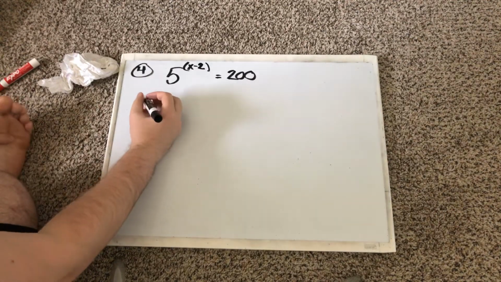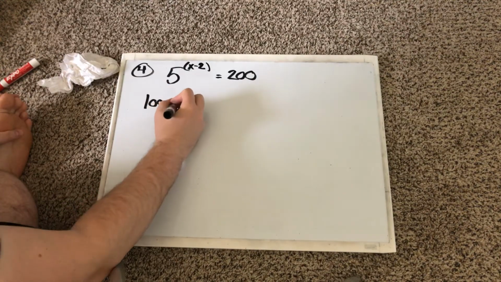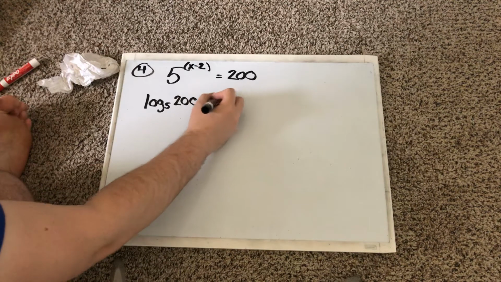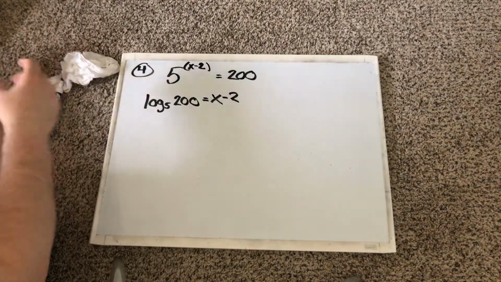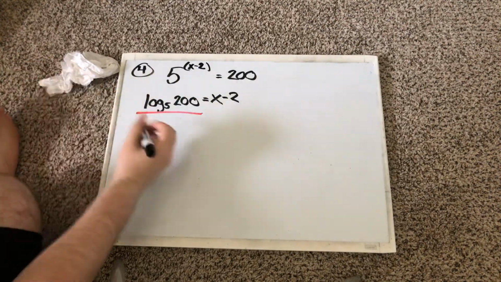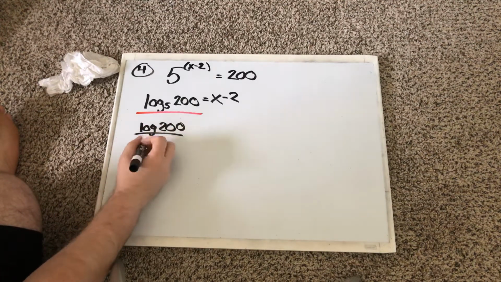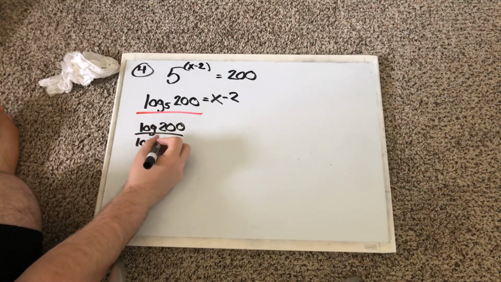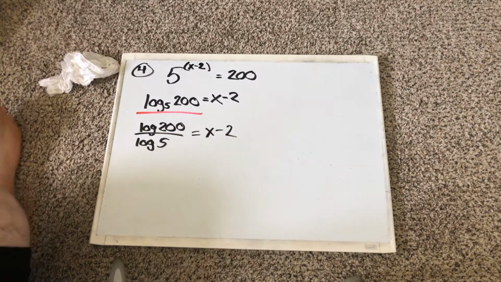So if I turn this to logarithmic form, I get log base 5 of 200 equals x minus 2. I'm going to change this into the change of base formula. So I get log 200 over log 5 is equal to x minus 2.